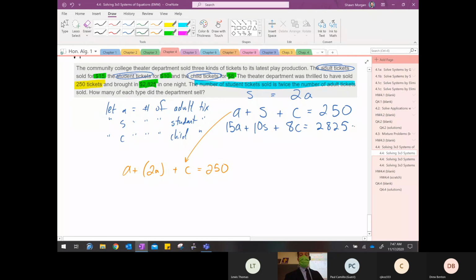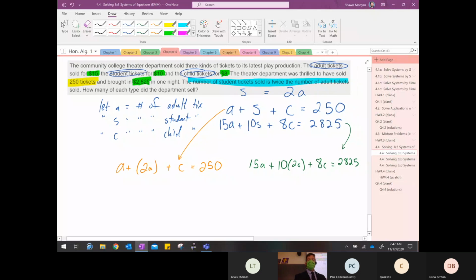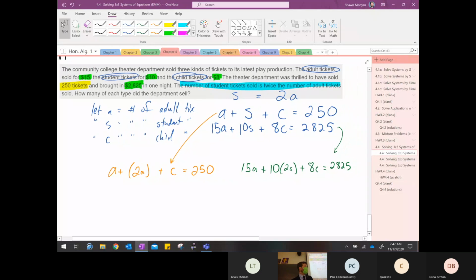And then over here in green, we got 15A plus 10, not 10S, 10 times 2A, plus 8C equals 2825.